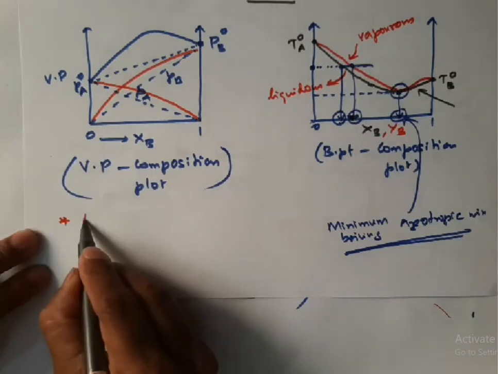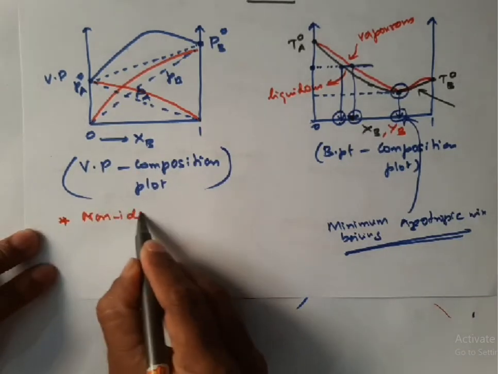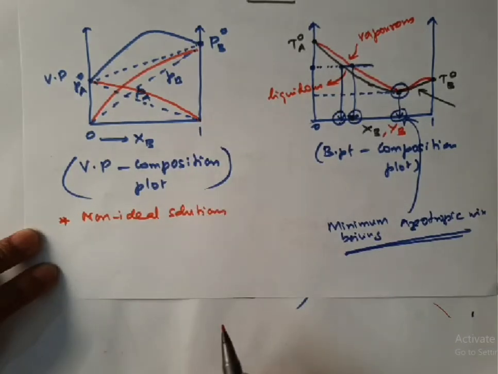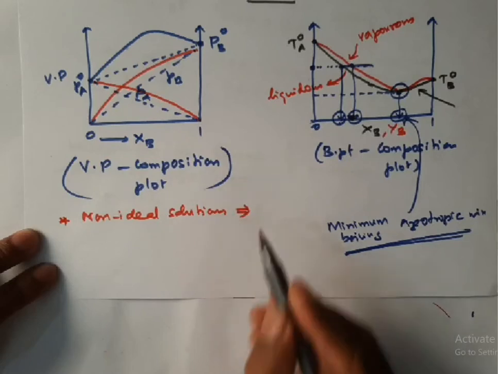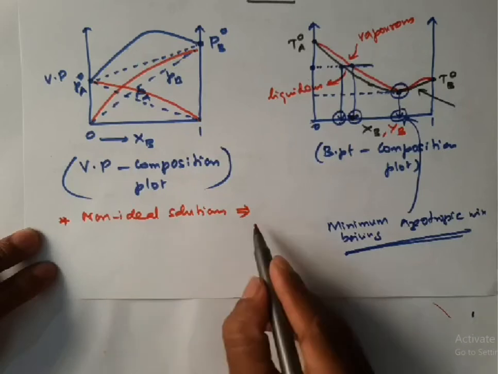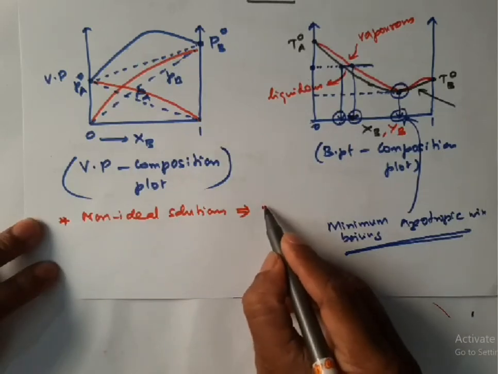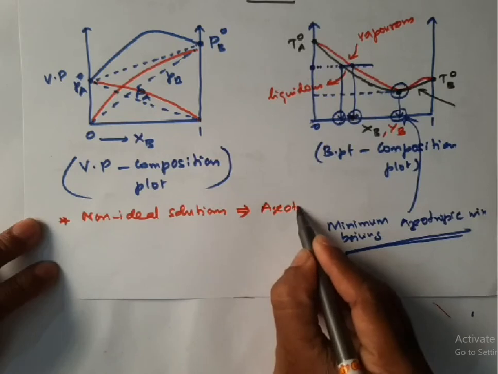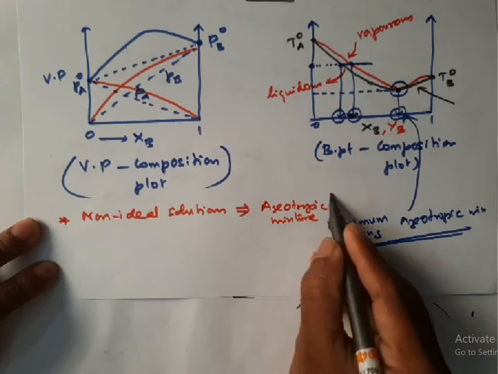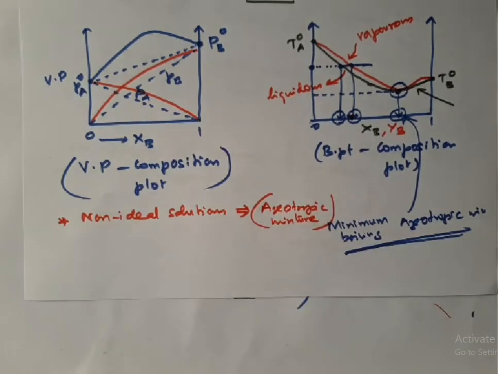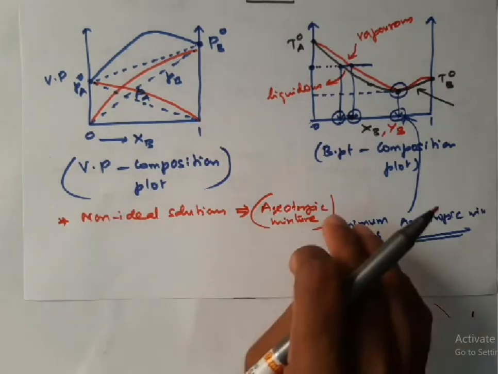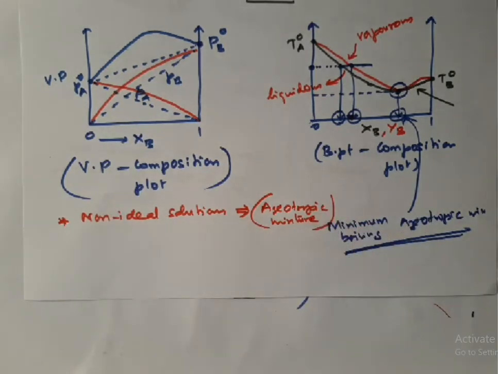Students, non-ideal solutions, if the deviation is large, usually form an azeotropic mixture. Students, I would like to make one point here. Not all non-ideal solutions form azeotropic mixtures. I'm not saying that.